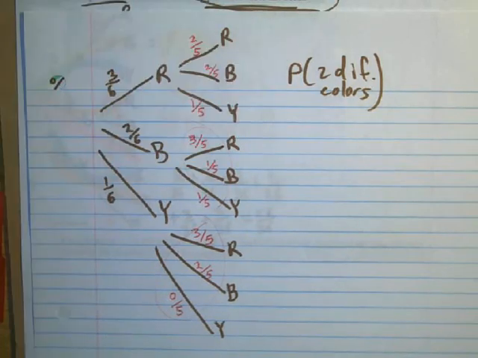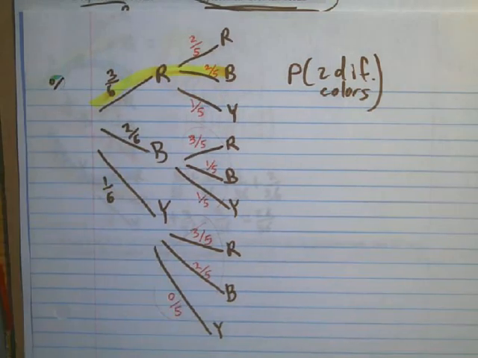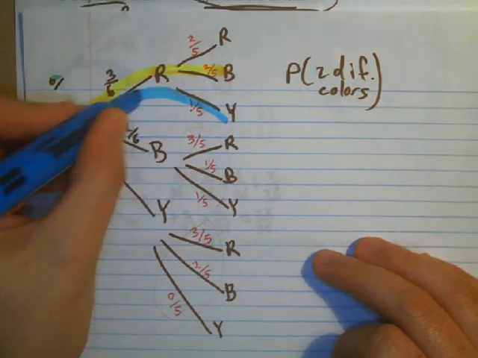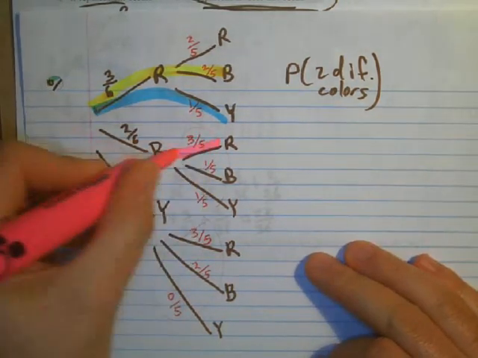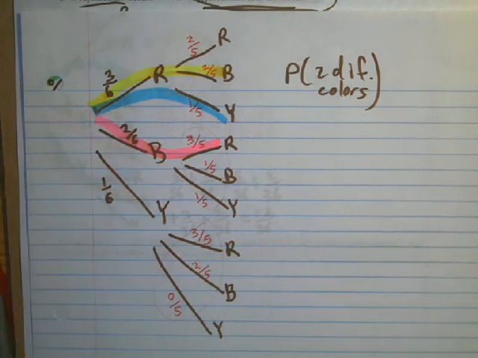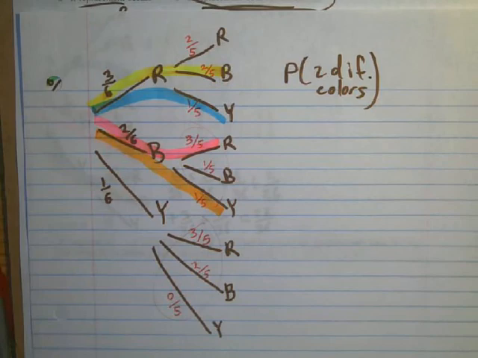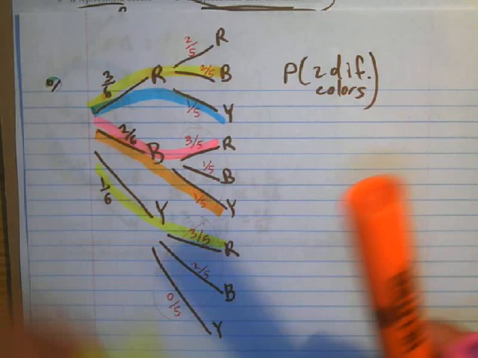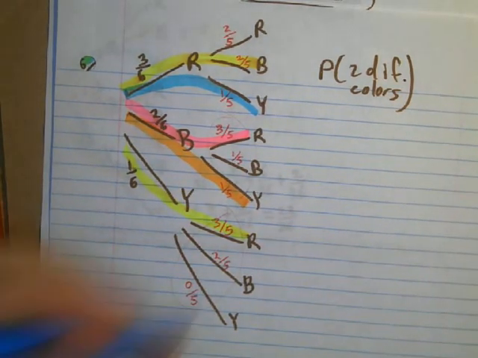Just like previously, I could either get a red and a blue, a red and a yellow, a blue and a red, a blue and yellow, yellow and red, or a yellow and blue.